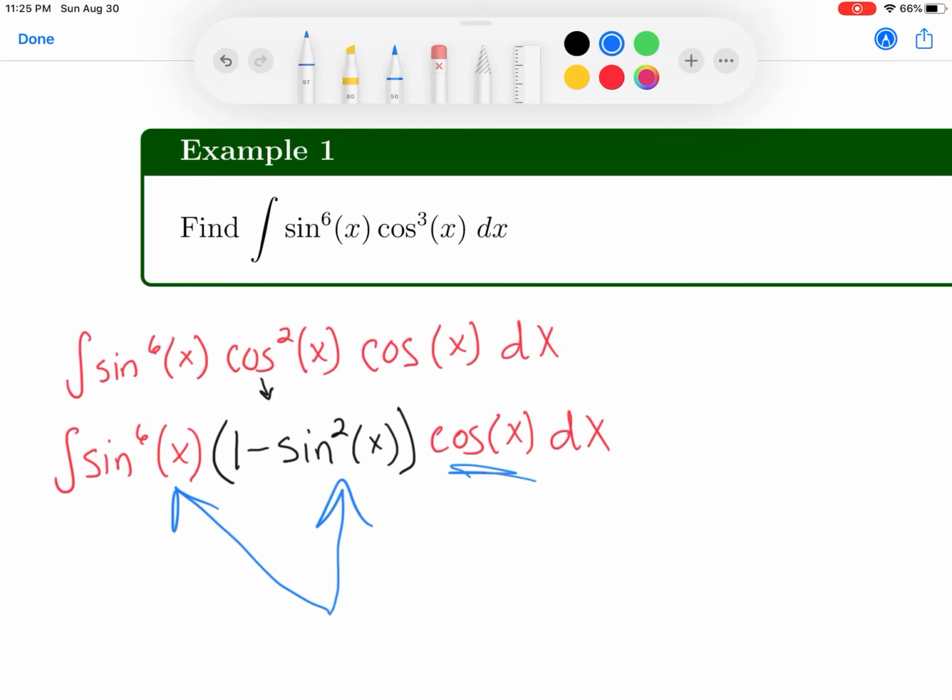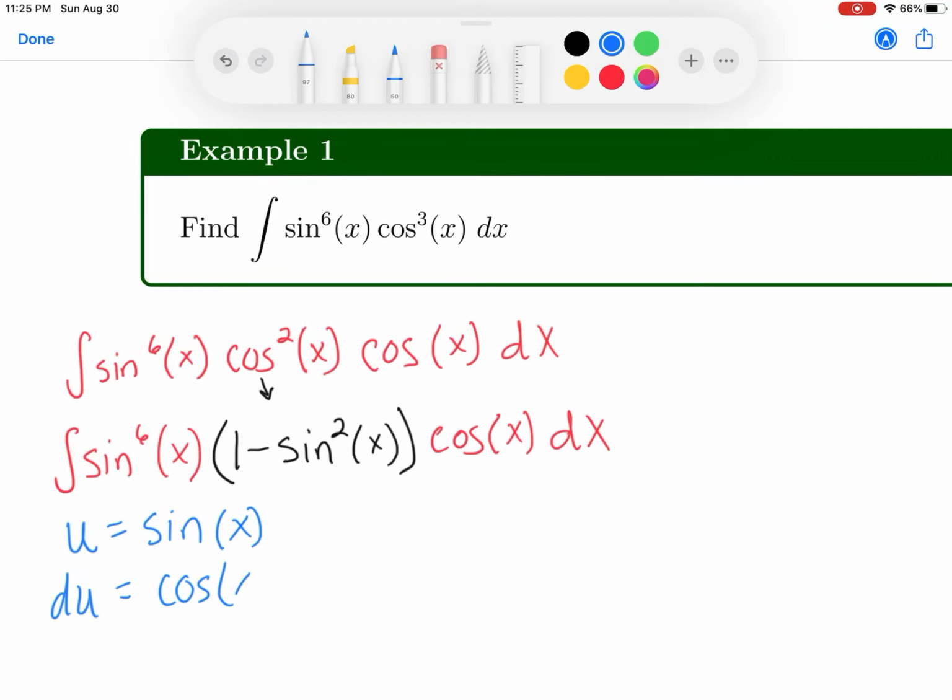Sine is raised to 6 there, sine is squared there, cosine is over here by himself, and he's just the first power, so he's a nice guy. Let's make u equal to the problem child, which is sine in this case. So u is going to be equal to sine x. Now what's du? Du is just the derivative of that, which comes out to be cosine x dx.